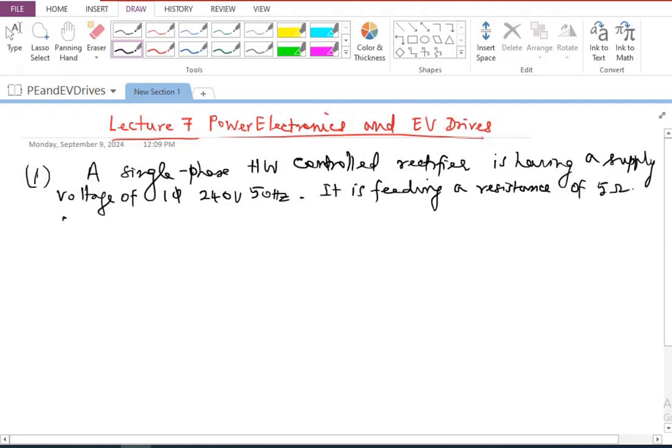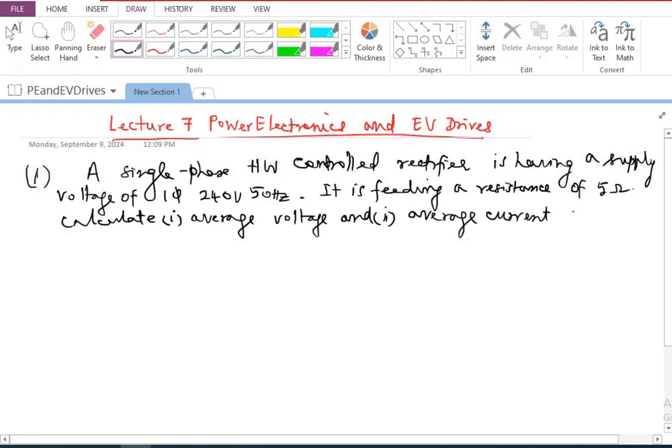Calculate the average voltage and average current through the load.